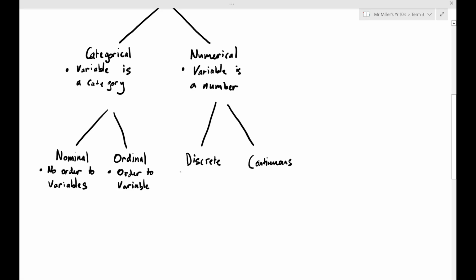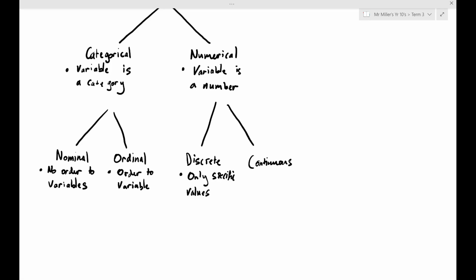Okay, discrete. Discrete means we can have only specific values. And we might say only specific values between some interval. So for example, if I'm measuring data between 0 and infinity, we could only have specific values.